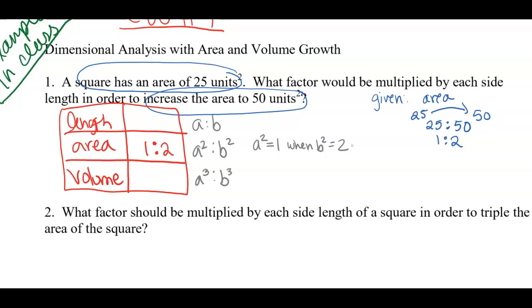I do want to know what a and b are, though, because if I look at my length ratio, right here, I need to know a and b. So how can I figure out a and b with the information that I just wrote down? What would you guys do? You have that a squared is 1 when b squared is 2. How could you take that information and turn it into values for just a and just b without the squareds on them?